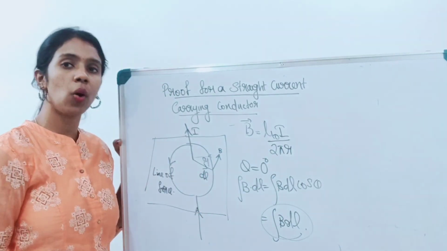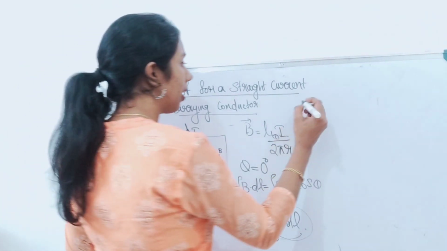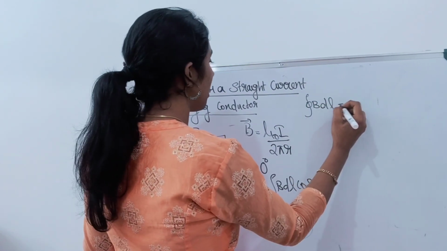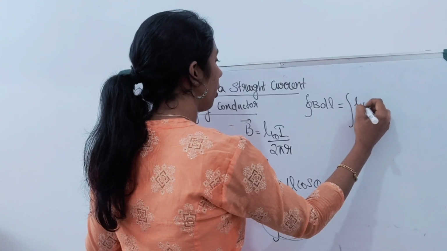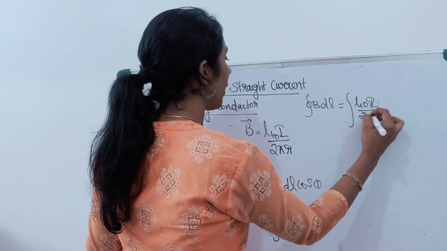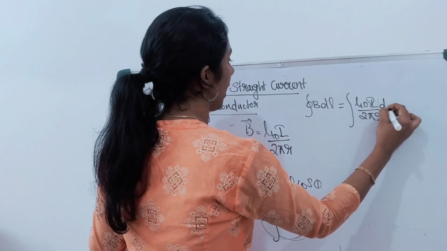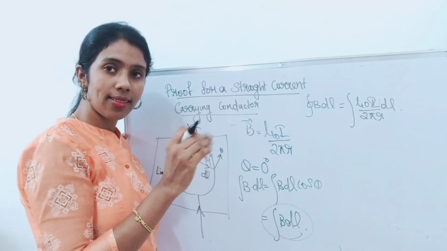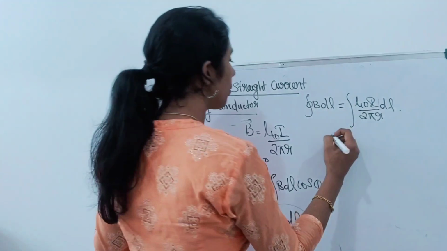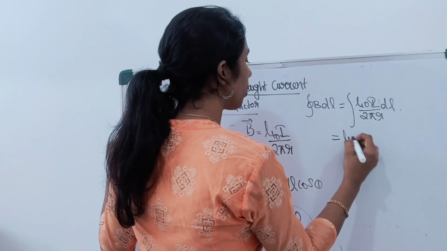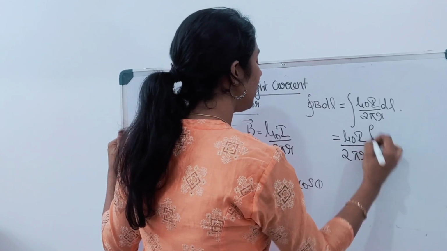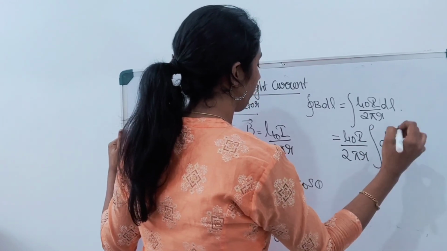Integrating both sides with respect to dl, the equation becomes closed integral B dl is equal to integral of mu0 I divided by 2 pi r into dl. Here mu0 I by 2 pi r on the right side is a constant, so we can take it outside of the integral. The equation becomes mu0 I by 2 pi r integral dl.